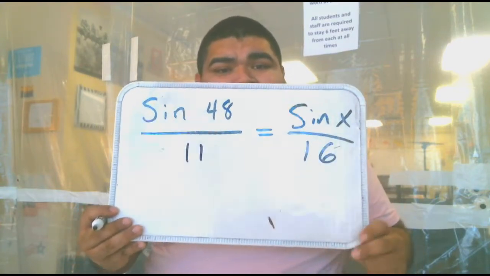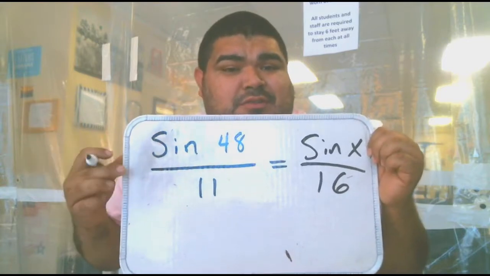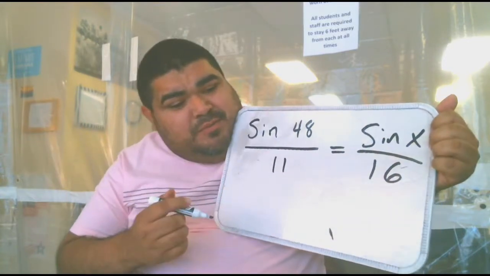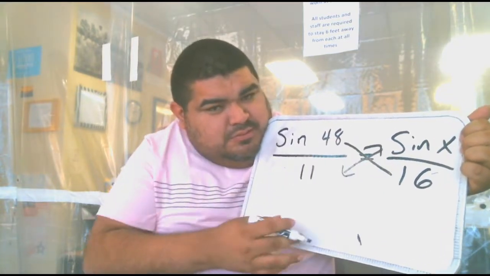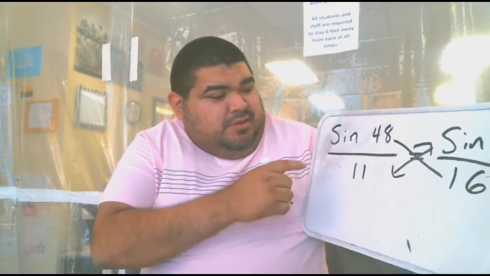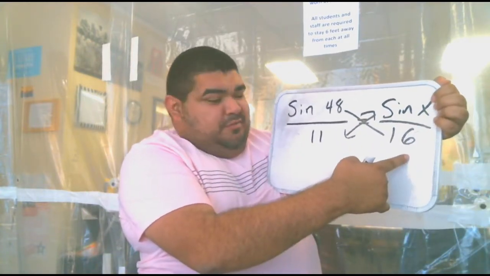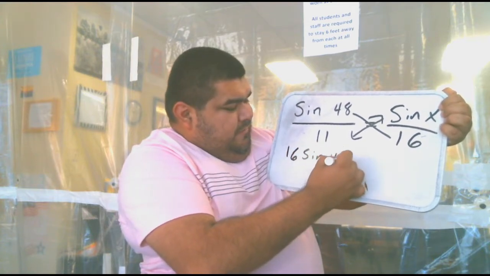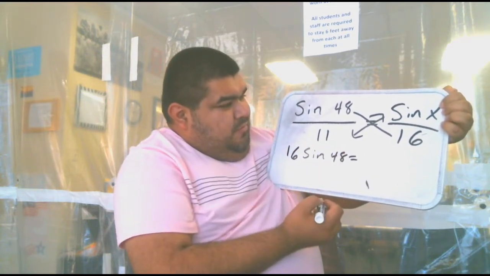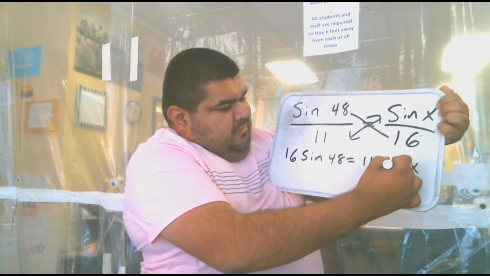Okay, now that we have that, these are pretty much known as proportions. All we have to do is solve them. The way we're going to solve them is we're going to cross multiply. So we have sine of 48. I always like to put the big numbers first, 16 sine of 48 over 11 sine of x.